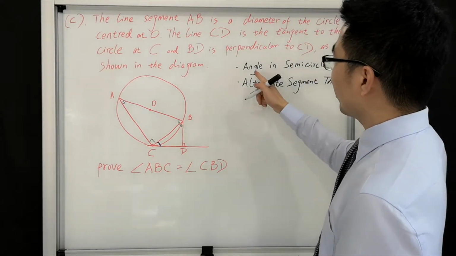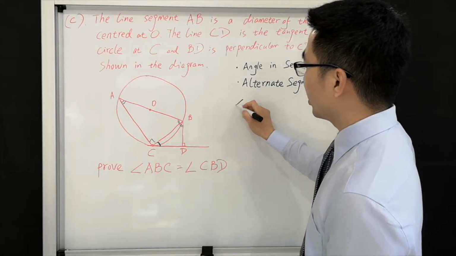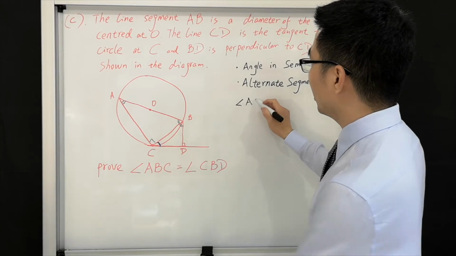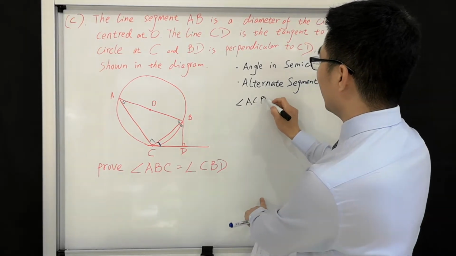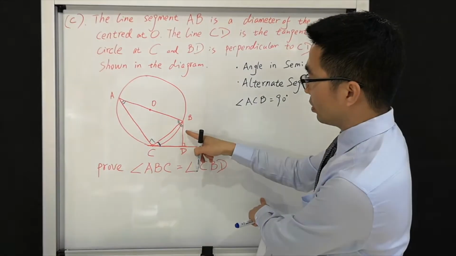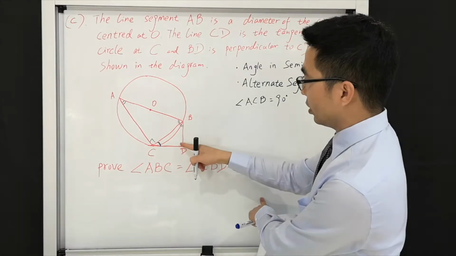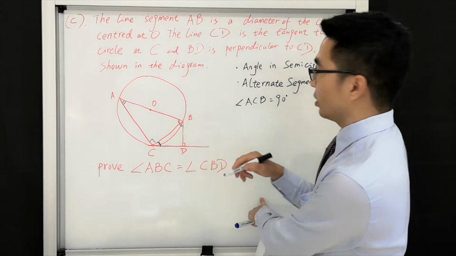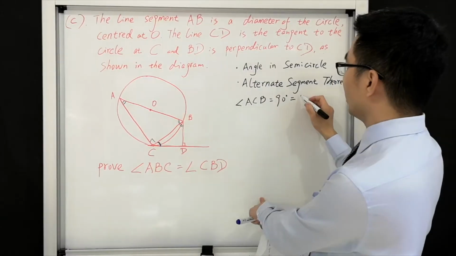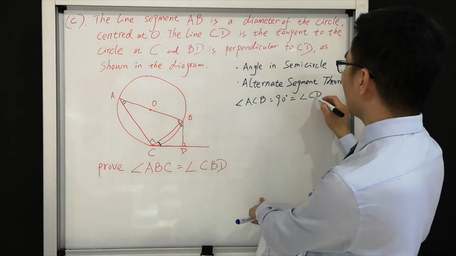So from the angle in a semicircle, we have the angle ACB equal to 90 degrees. And also because BD is perpendicular to CD, this angle is also 90 degrees, so it equals the angle CDB.